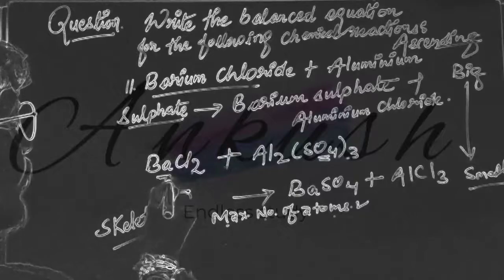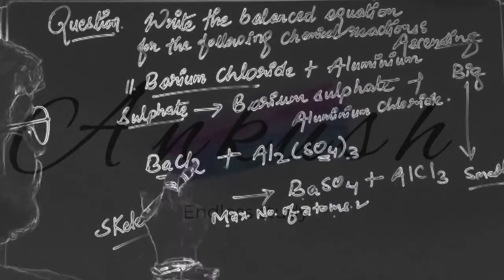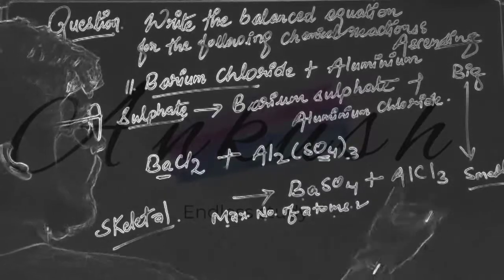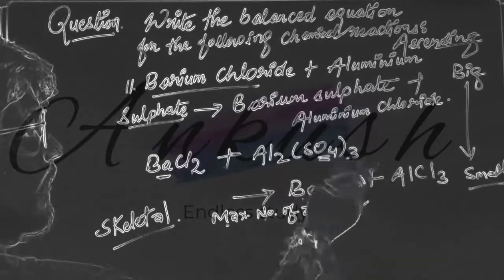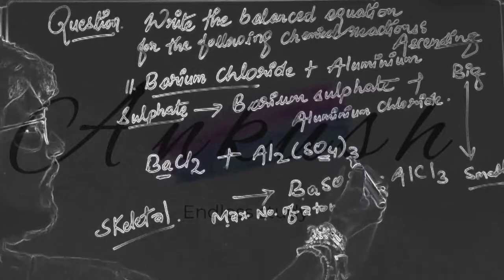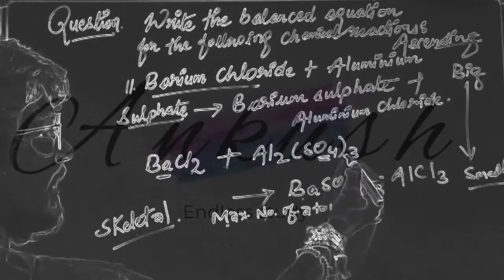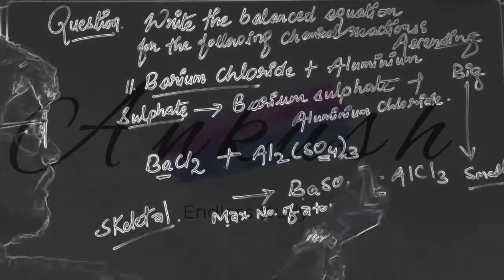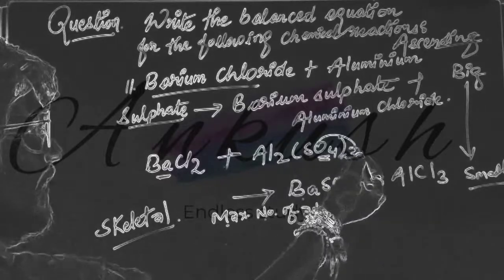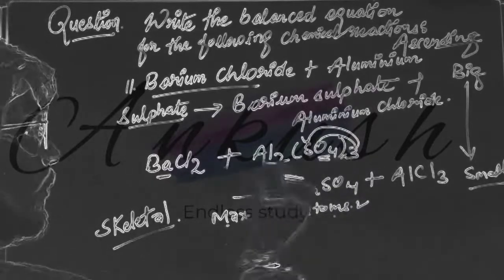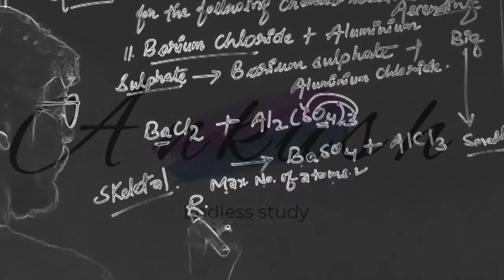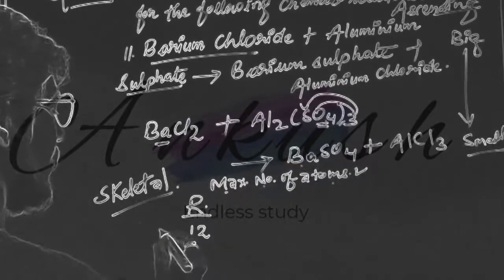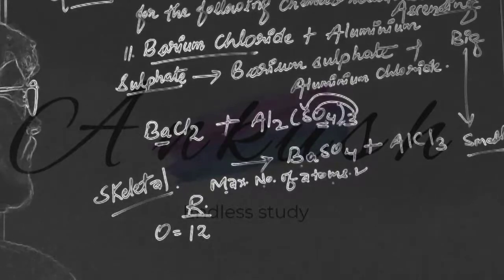You see here barium 1, here barium 1, Cl2, here Cl3, here oxygen 4 and 3 here. The 3 written outside the bracket is in multiplication. 3 is getting multiplied to oxygen and to sulfur both. So here oxygen atoms are 12. If we look in the reactants, 4 threes are 12.